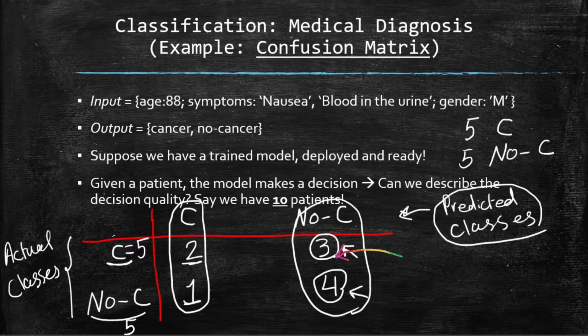Because these people have cancer and you know that, but your machine is wrongly claiming that they don't have cancer. So your machine is pretty confused with the cancer class, right? It's doing a horrible job, right? But in the case of the no cancer class, your machine is not doing a horrible job, right? Because 4 of them have been correctly classified as no cancer, and only 1 of them has been wrongly classified as cancer. So you need to train more and more.